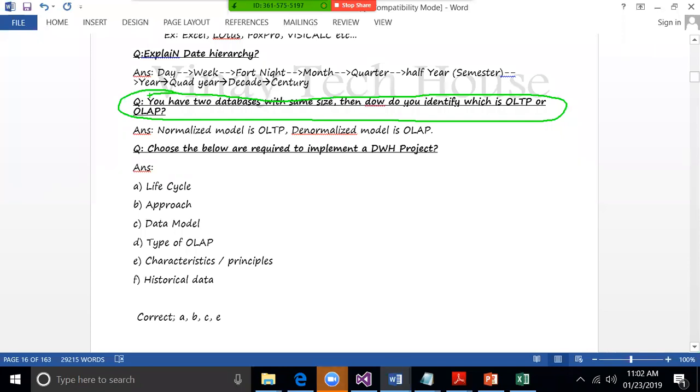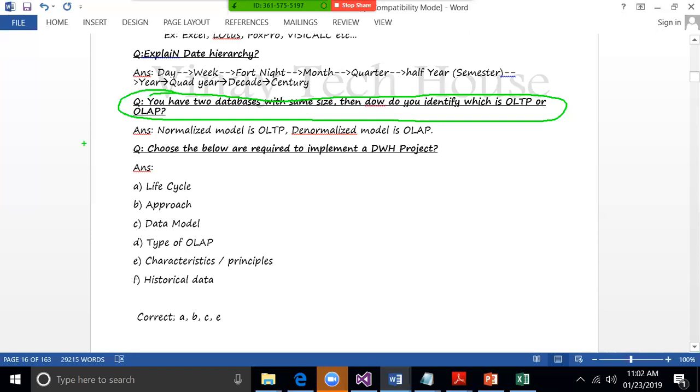He was in the third round in an MNC organization and the BA manager asked, there are two databases, same size, how do you recognize which one is OLTP, which one is OLAP? He said history maintenance, more size, more records. But the question has an answer. Same size, so that doesn't apply. What makes the difference? The model.